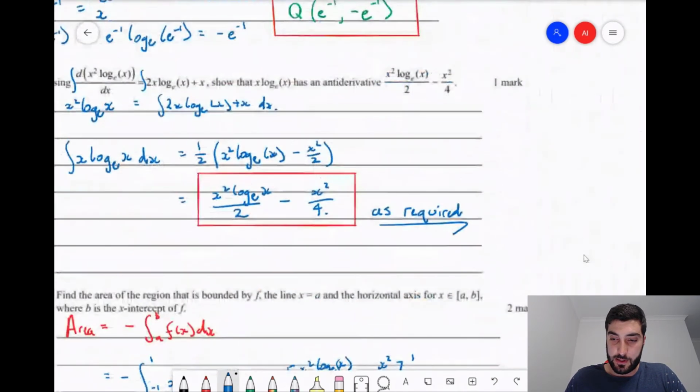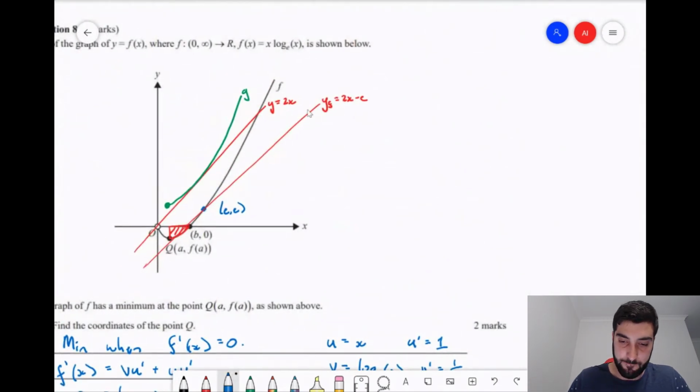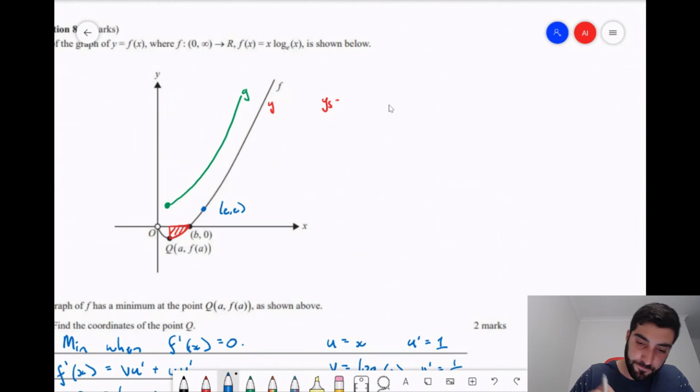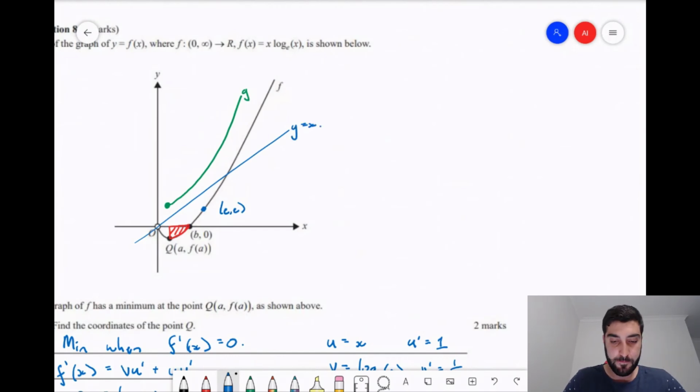I think again it's easier to try and visualize these things. If I get rid of these lines for a second, we've got the line y is equal to x here. We know the function g and its inverse, if they intersect, will intersect along this line y is equal to x.